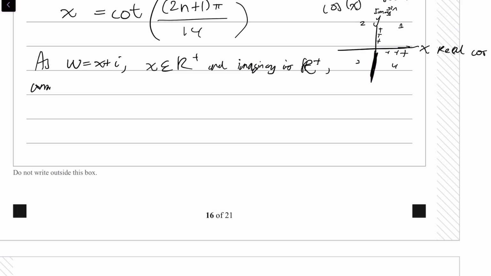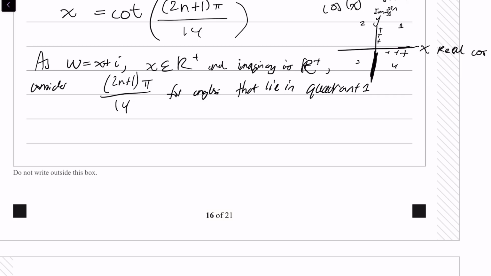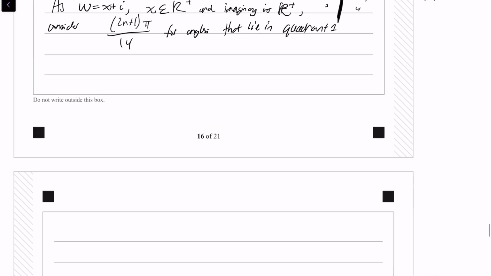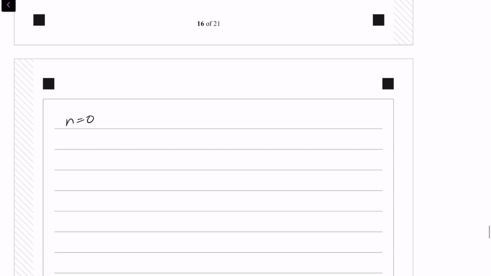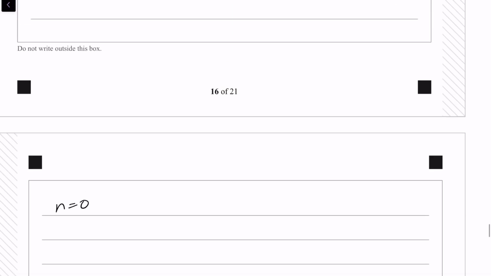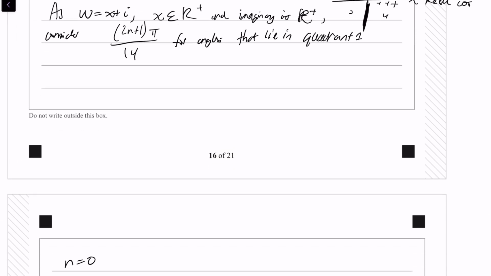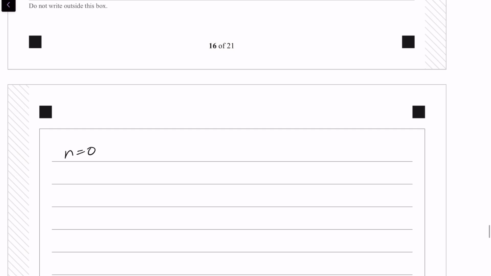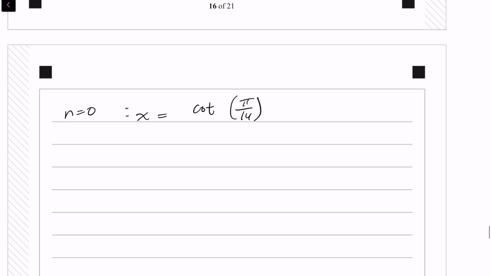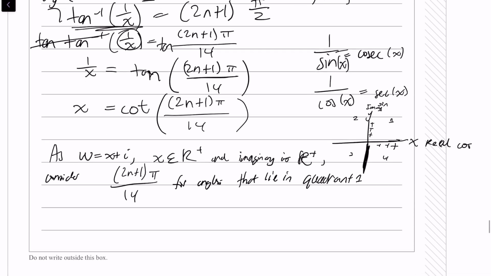Then I need to consider my 2n plus 1 times pi over 14 for angles that lie in quadrant 1. Okay. And then I can start off by doing n equals 0, and that would give me 2 times 0 plus 1 is 1, so x equals cot pi over 14, right?